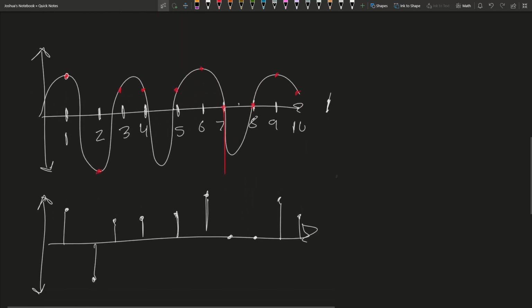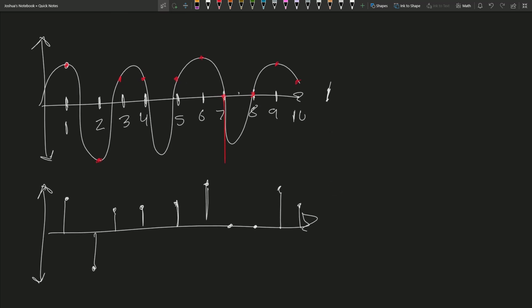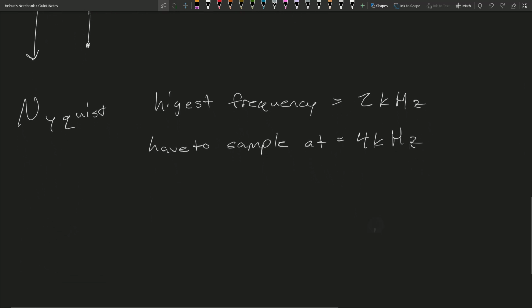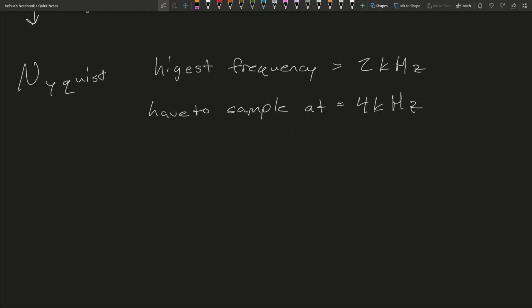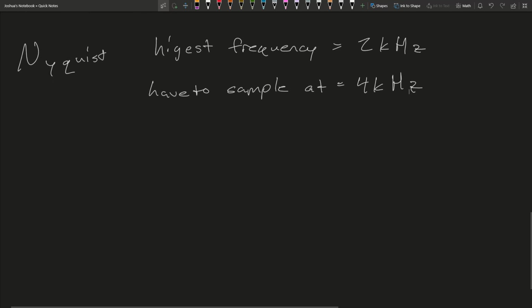Let's say this is a clean 2 hertz signal. If I want to capture the midpoint and the crest and the trough, I have to sample at 2 times that frequency. So if the highest frequency I want to capture is 2 kilohertz, I have to sample at 4 kilohertz.